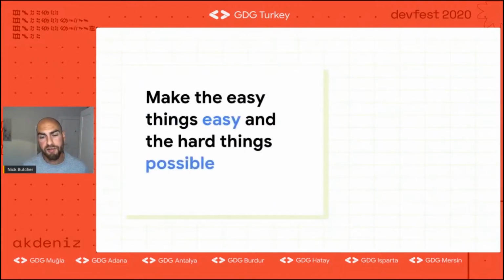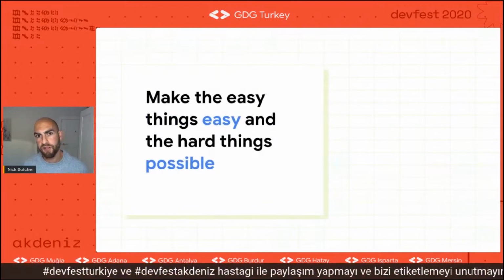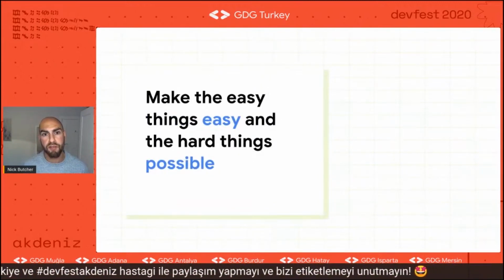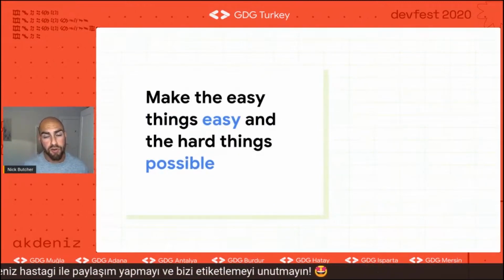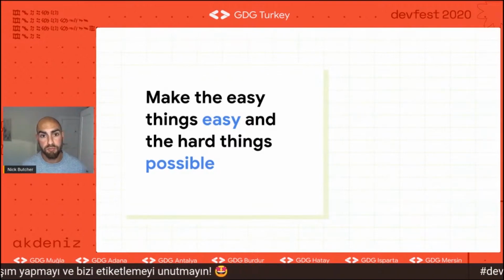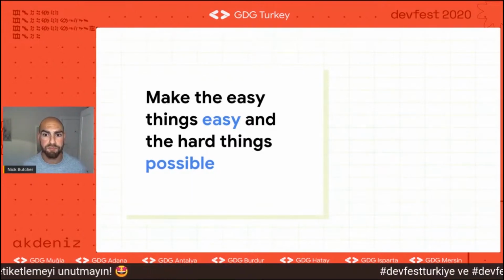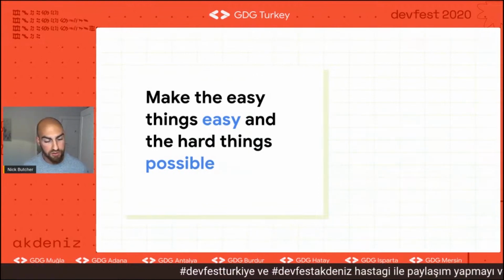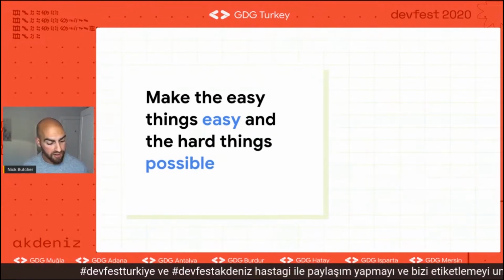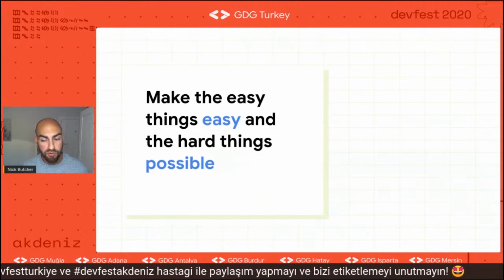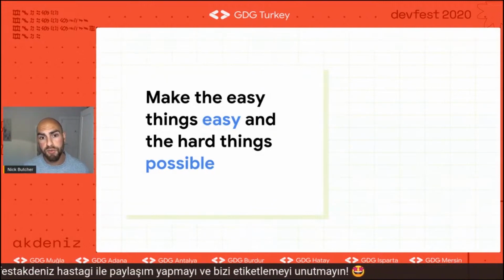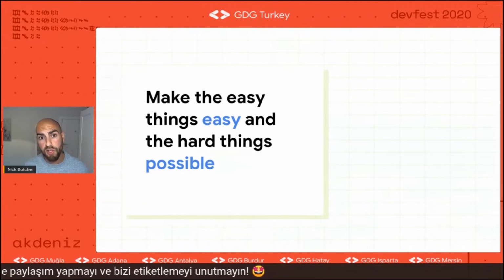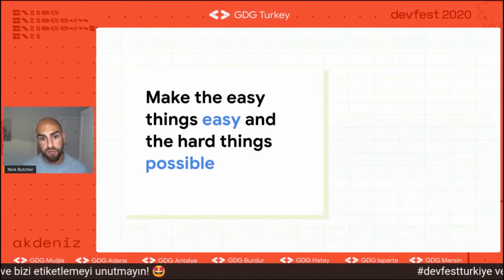I actually think it makes the easy things easy, but it also makes things which were really impossible or very hard to do in the old system much, much easier or possible even. But don't just take my word for it. Today in this talk, I'd like to show you what I mean by this and take you through some examples of UIs that we have built ourselves, so that you can learn Compose by looking at some examples.